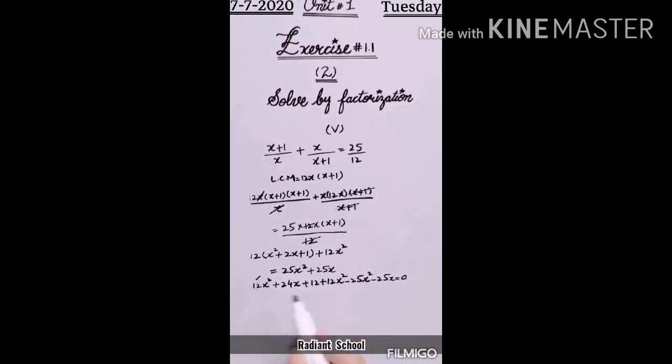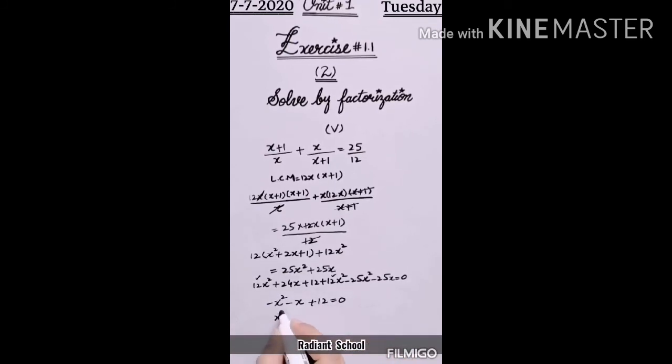Now we will solve all the like terms. 12x square plus 12x square will become 24x square. 24x square minus 25x square is minus x square. 24x minus 25x is minus x, and plus 12 is equal to 0.